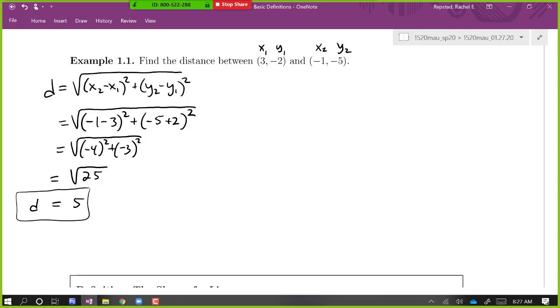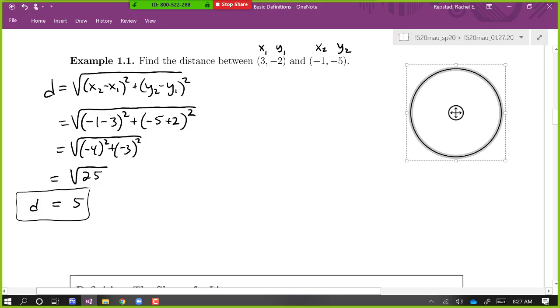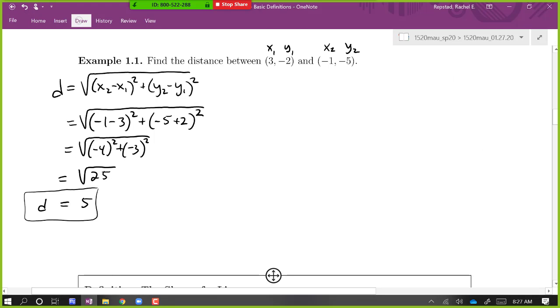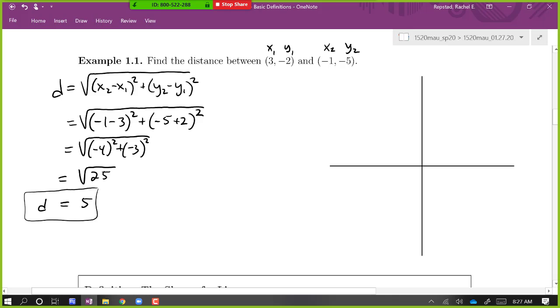Here we did it just by plugging into the actual formula. If you're ever unsure, or can't remember exactly how the formula goes on a problem like this, it's not a bad idea to just plot the points. So you could plot the points (3, -2) and (-1, 5).